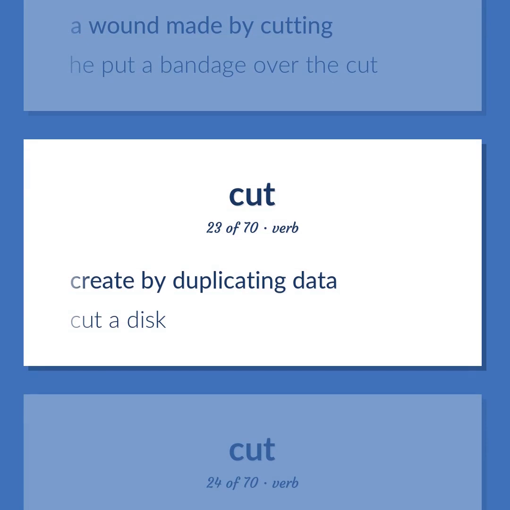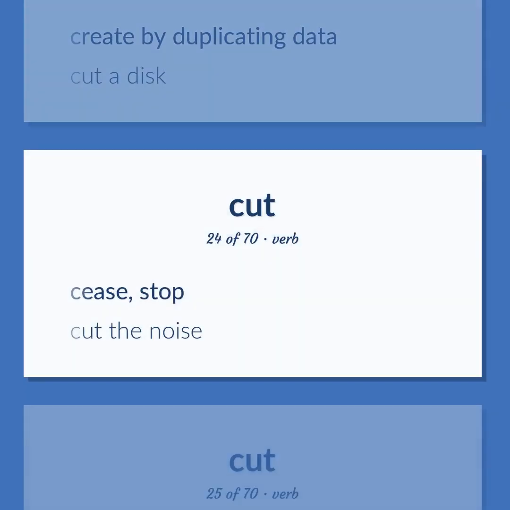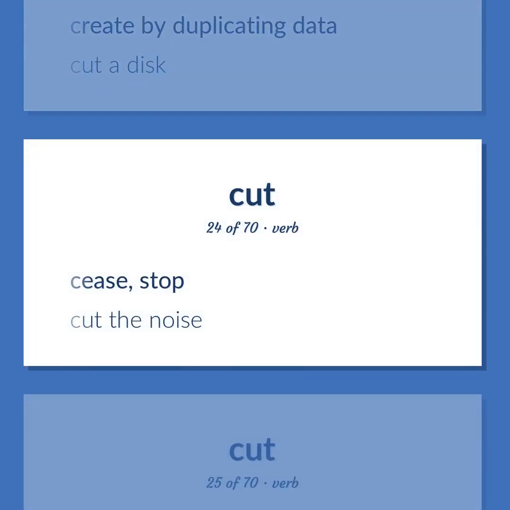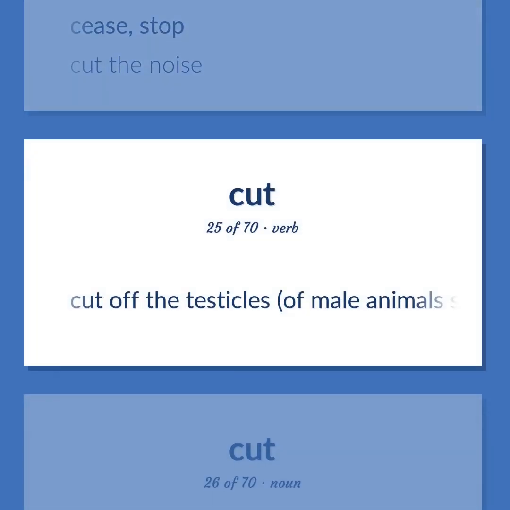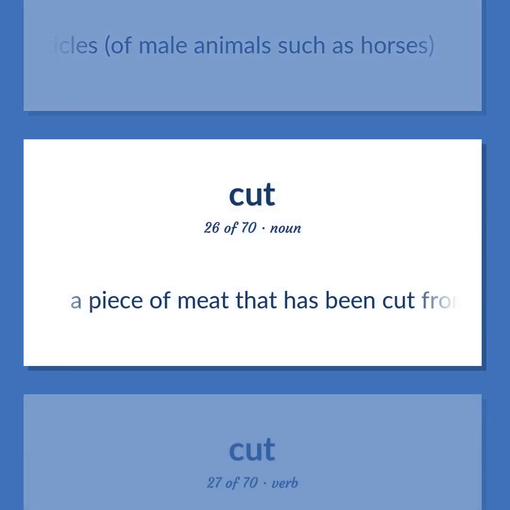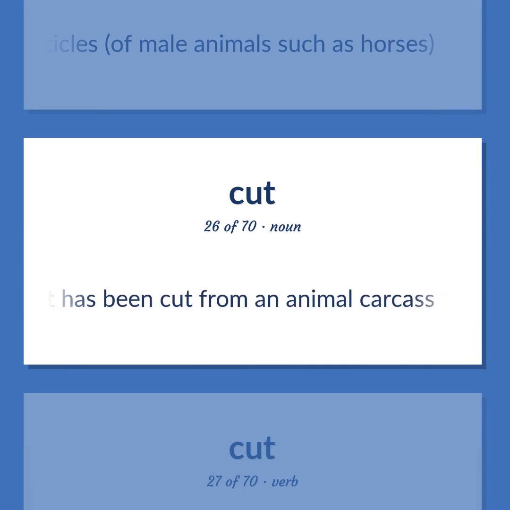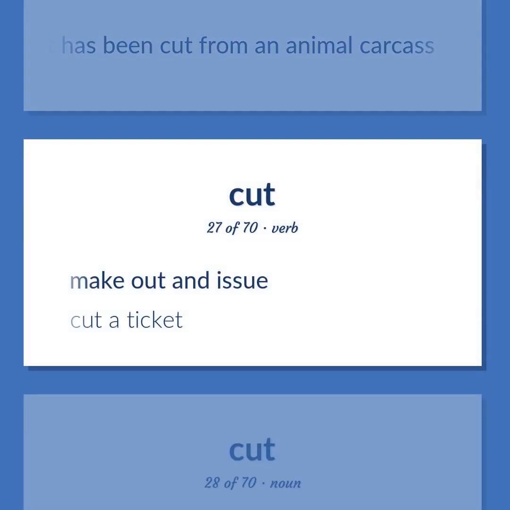Create by duplicating data. Cut a disc. Cease, stop. Cut the noise. Cut off the testicles, of male animals such as horses. A piece of meat that has been cut from an animal carcass. Make out an issue. Cut a ticket.